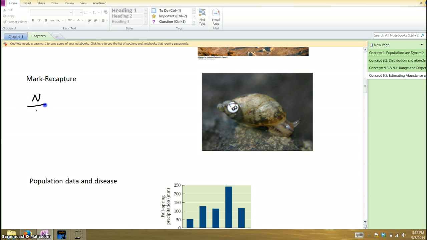And so it kind of works like this. All right, so N is what we're trying to estimate, okay? And M is the number of individuals that you have caught at one time and marked.